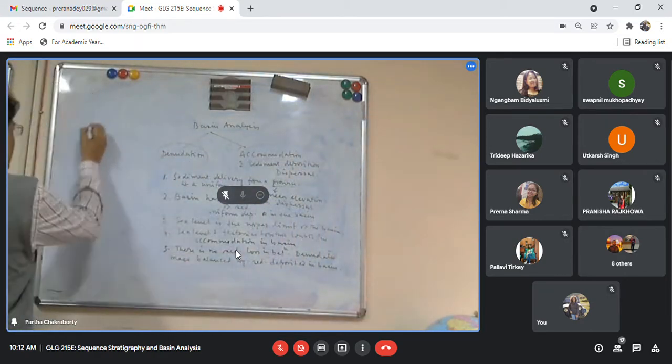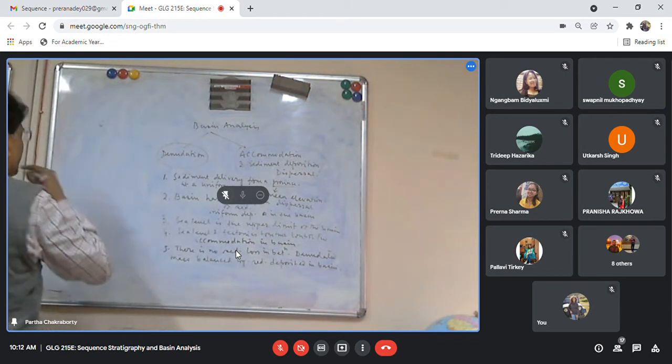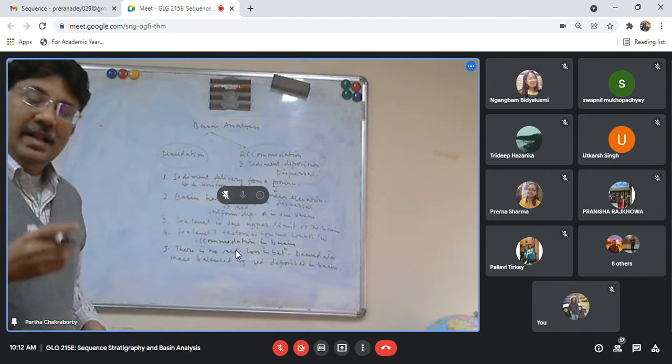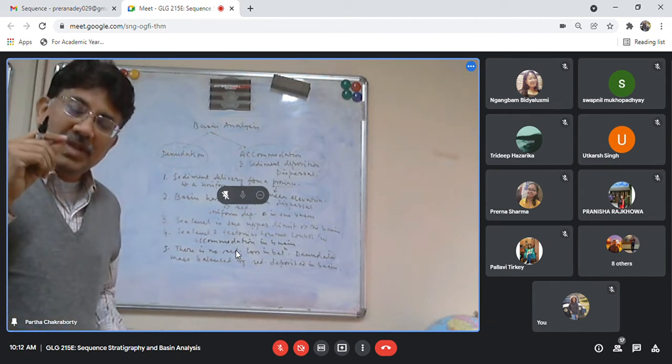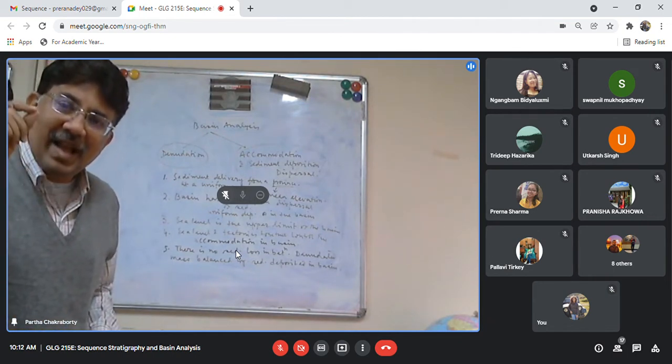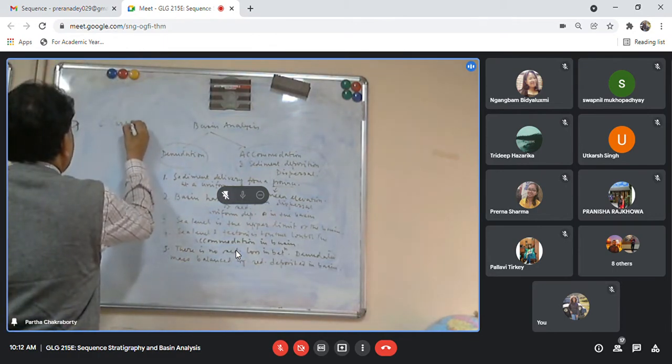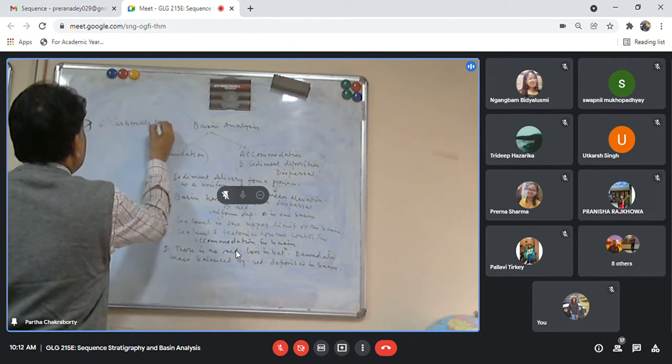Number six: there may be carbonate and evaporite deposited in a basin.